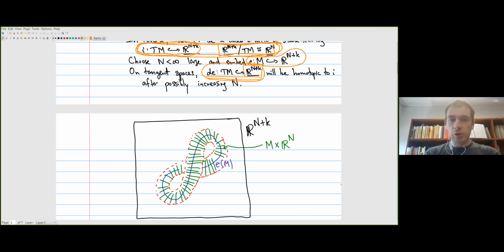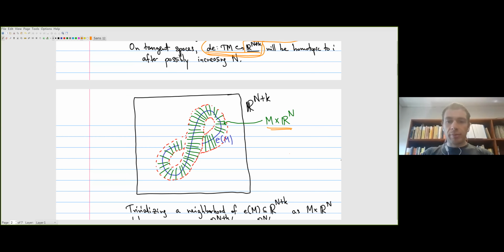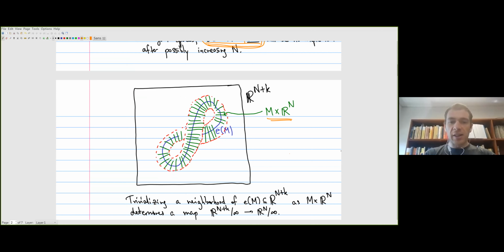So this normal bundle, this tubular neighborhood, the total space of the normal bundle, this green stuff, is actually just M cross R^n, by the trivialization. And so then I can consider the function which just projects onto this R^n factor. And that gives me this map from R^(n+k) to R^n. It sends everything outside of this tubular neighborhood to infinity.